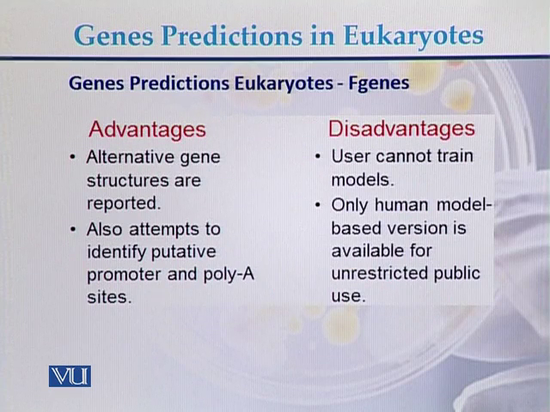There are some advantages and disadvantages: alternative gene structures are reported, and only the human model based version is available for unrestricted public use. So these are some of the advantages and disadvantages of the tool called FGENES for the prediction of genes from eukaryotic genomes.